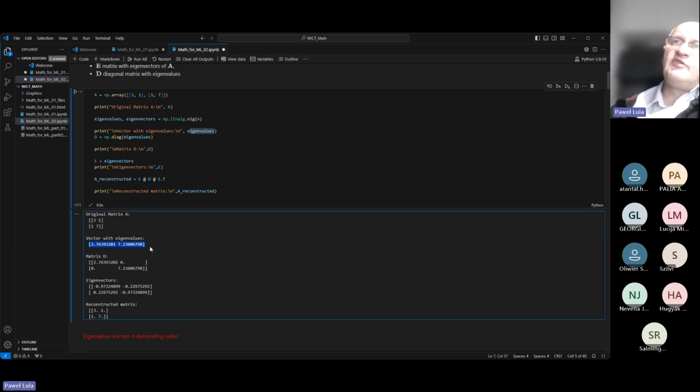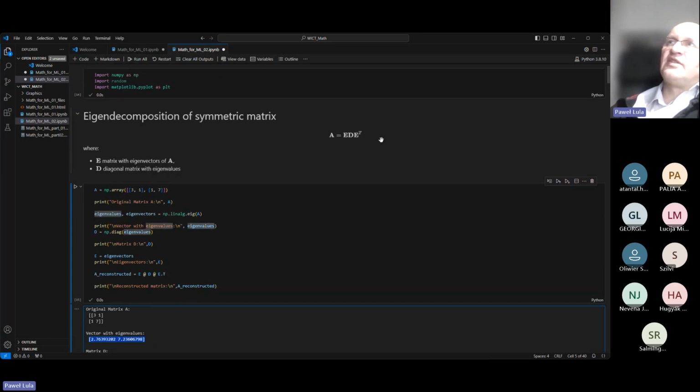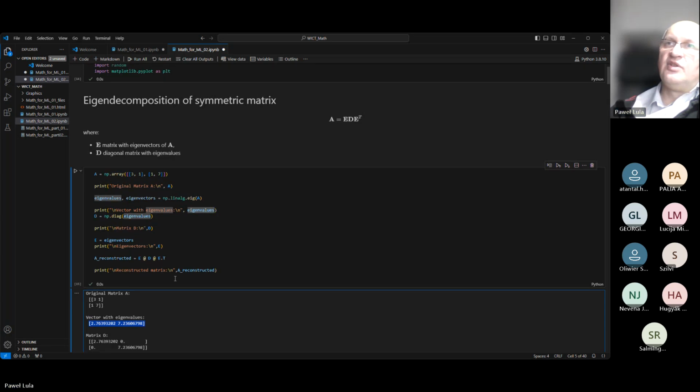It is a vector with eigenvalues. But in this formula, in this expression, we have D matrix. D matrix is a diagonal matrix. So it has eigenvalues on the main diagonal and 0 values on all other positions. How to create this matrix?